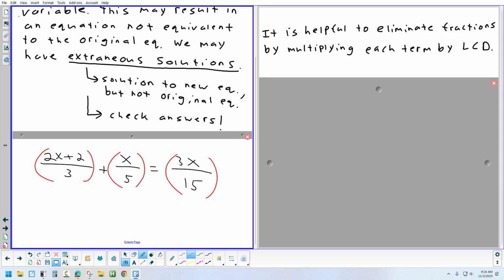So what we're going to do is multiply everything by 15, but I'm going to write it as 3 times 5. So the first fraction gets multiplied by 3 times 5. Second fraction gets multiplied by 3 times 5. And so does the third one. They all get multiplied by 3 times 5.